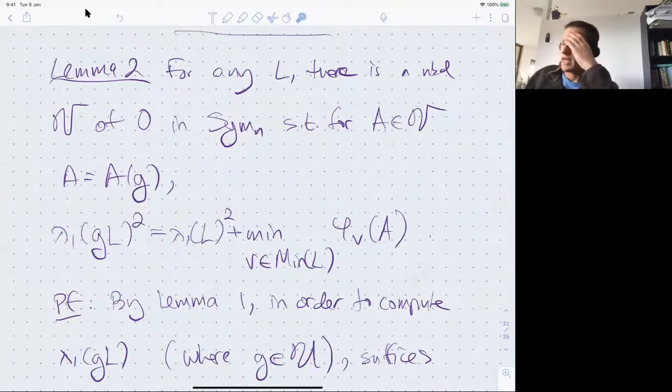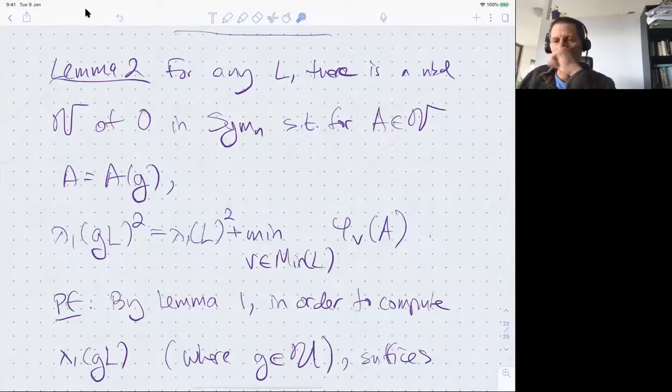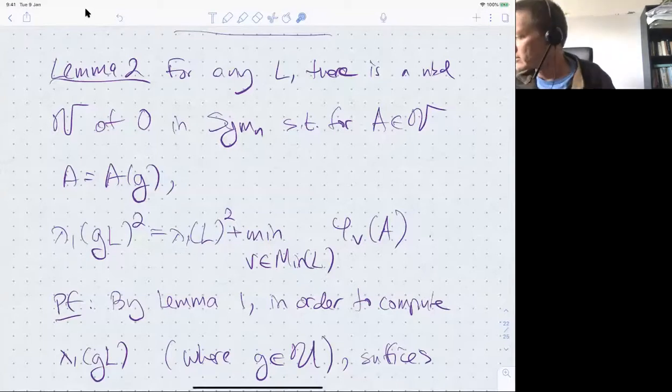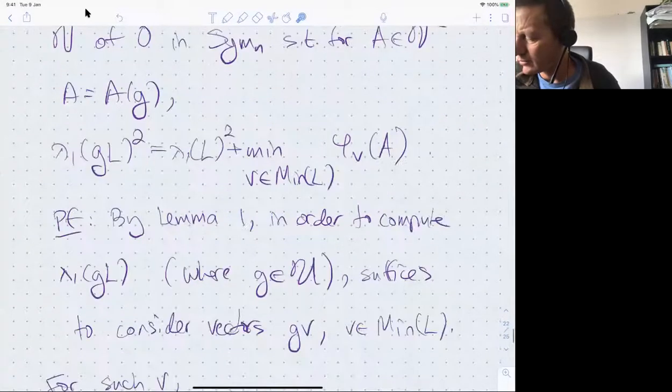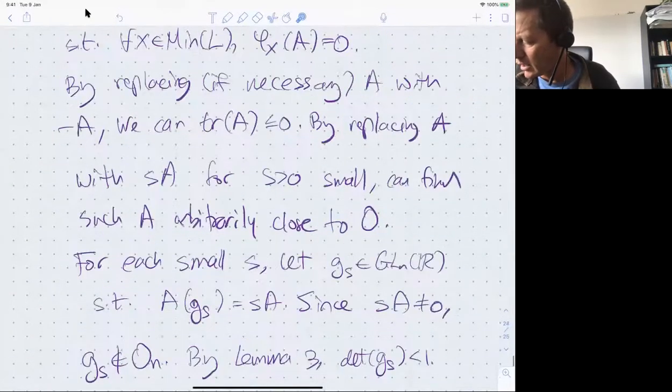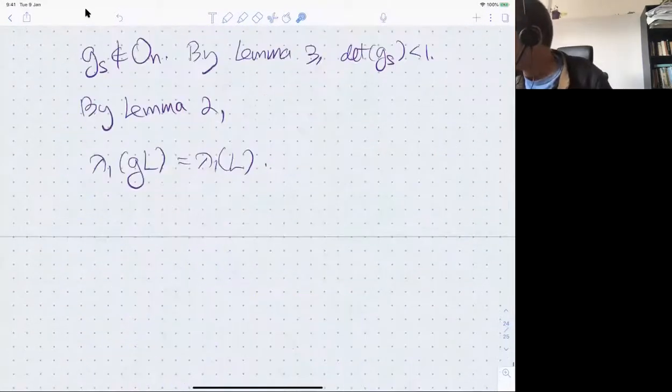We chose A so that these numbers are 0. So for every one of these vectors, these numbers are 0, and so this equals this. So taking square roots, lambda 1 of G_s L equals lambda 1 of L.